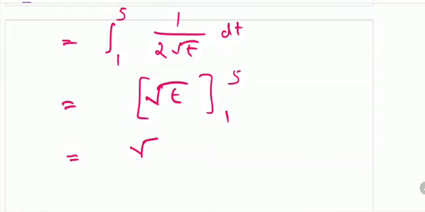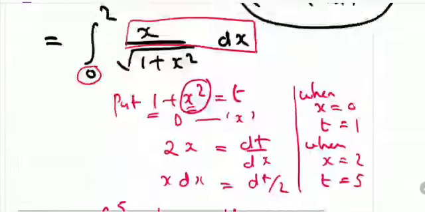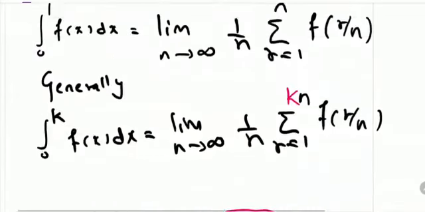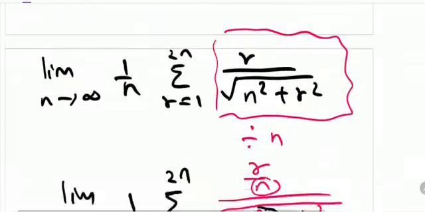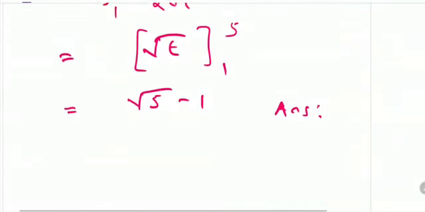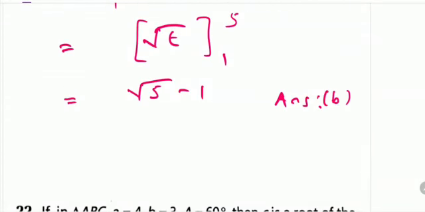So we get root 5 minus 1 as my answer, and root 5 minus 1 is nothing but option number B. So option B is your final answer, root 5 minus 1.